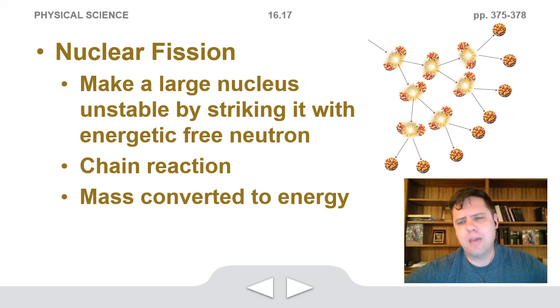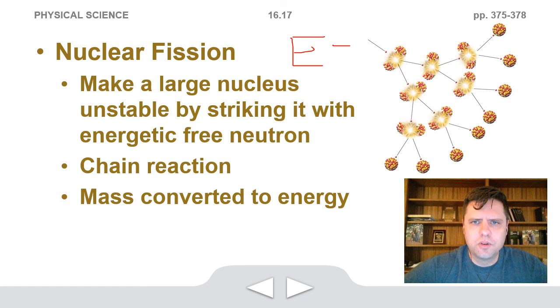And these happen in a massively quick amount of time, where mass is then converted to energy. We remember the famous equation by Einstein, E equals, can you complete it? mc squared, right? Where mass here is being converted to energy.